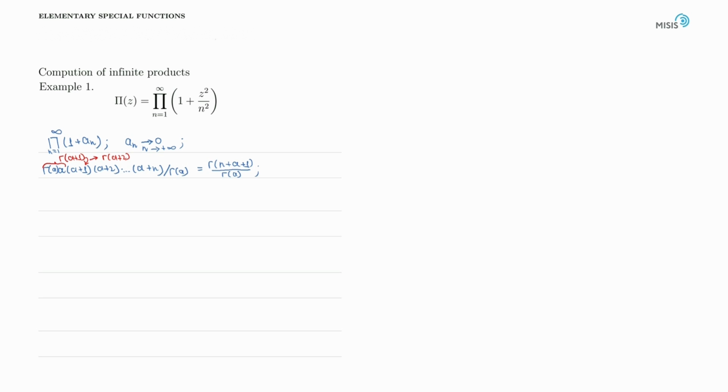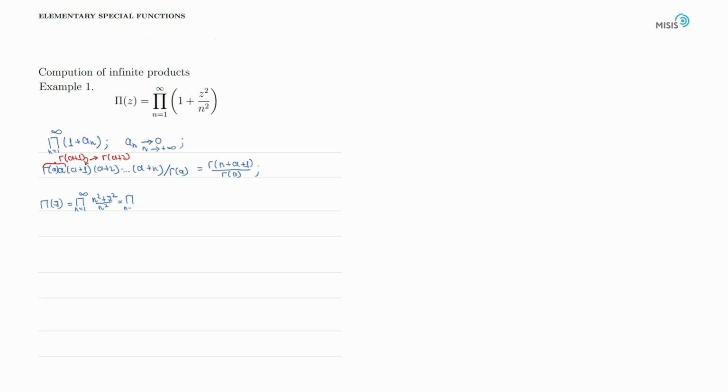Now let's simplify our product. So pi of z. What we are going to do is actually expand this product into just an infinite product. Okay, let's do this. So first of all, let us rewrite it in a more suitable way. We put n squared in the denominator, like this.